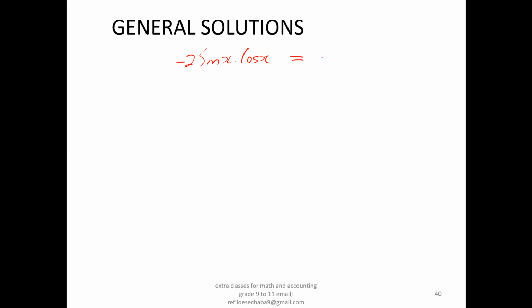sine squared x, and then I say to you I've got 3 here. Let's say I've got 3. How do they put it up?